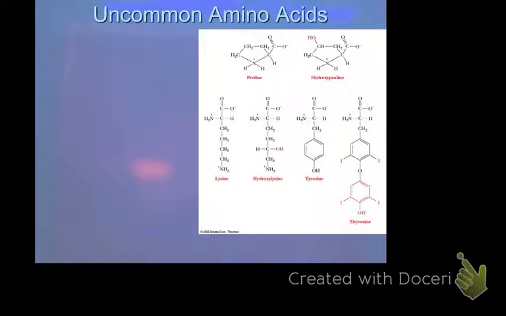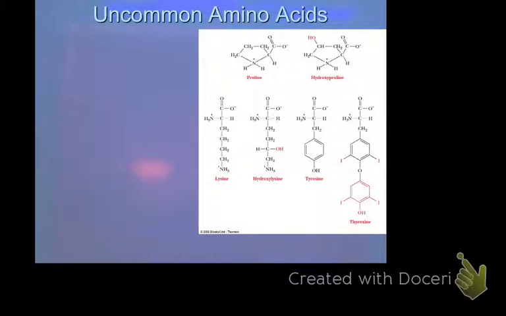Then we have some that are the uncommon, which really are just amino acids that have been post-modified. Sometimes these are called post-translational modifications, because after it's been translated into the protein, then they get modified to do special things. So one of the most highly modified ones is actually proline.